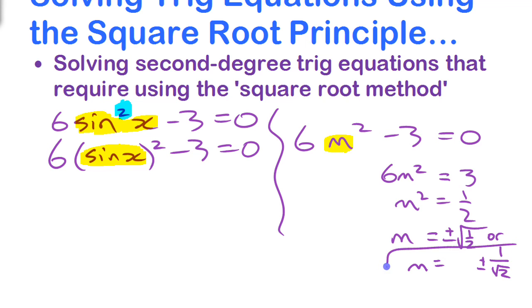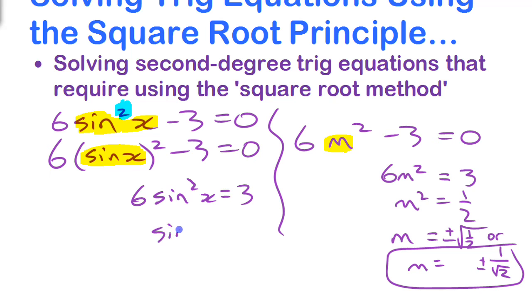That's the solution. Whereas over here, if you follow that same process in isolating the sine, you have 6 sine squared x is 3, so sine squared x is 3 over 6, or 1/2, and sine x is plus or minus 1 over root 2.